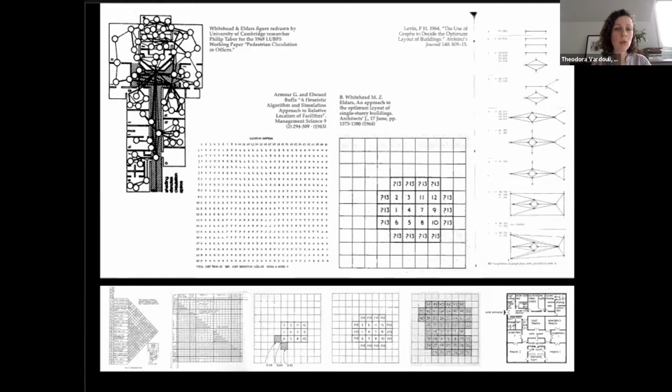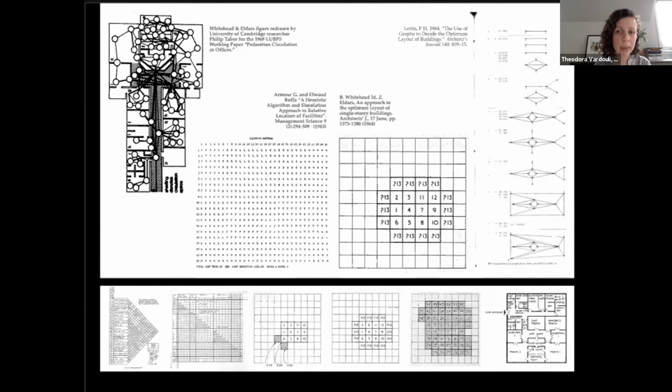In other words, if you knew statistically how people would move in a particular building type, the idea was that you would be able to translate these patterns of activity into spatial patterns using graphs. And some of the representations that you see on the screen are from this early work on mapping people's movement and using graphs to translate it into optimal floor plans.